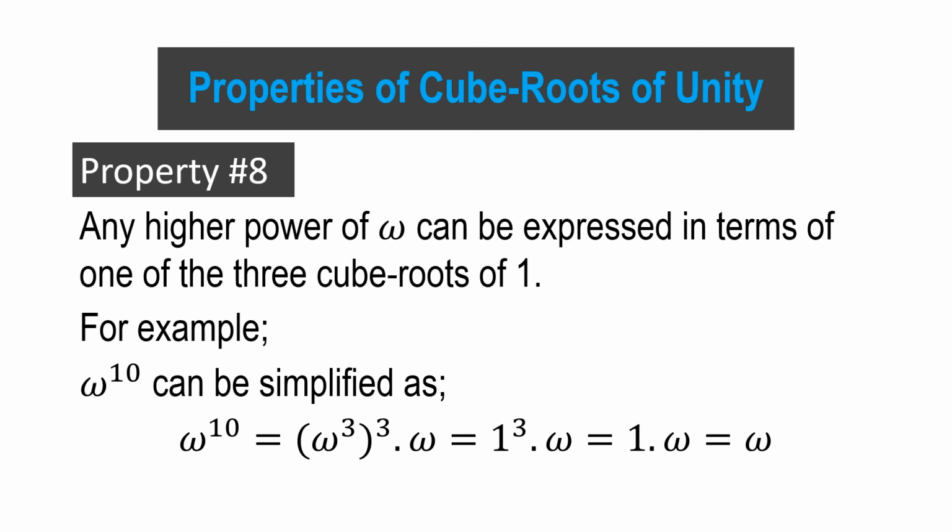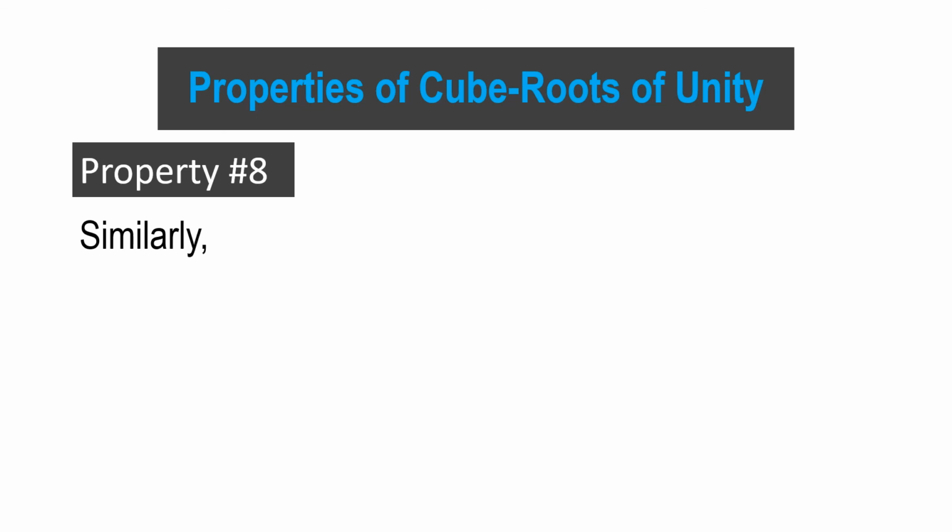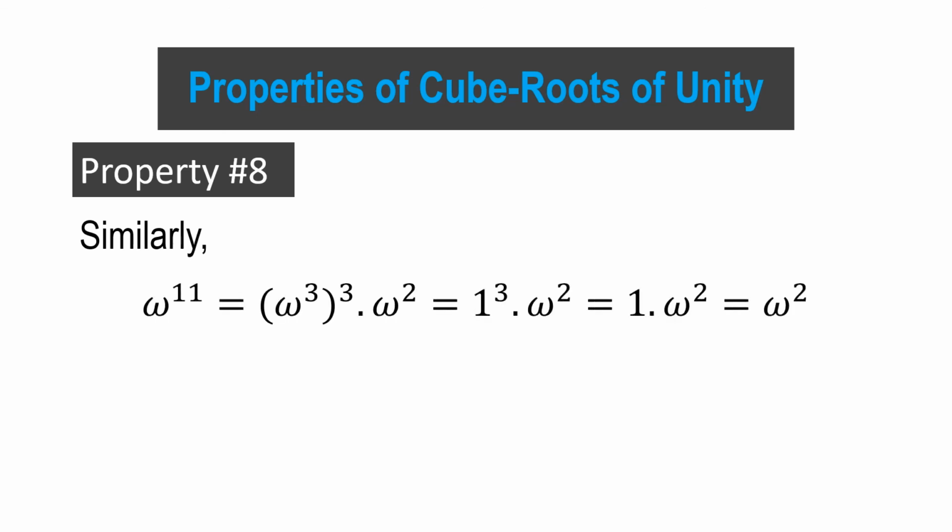Property number 8. Any higher power of omega can be expressed in terms of one of 3 cube roots of 1. For example, omega raised to power 10 can be simplified as omega cubed raised to power 3 dot omega, which becomes equal to omega in the end.